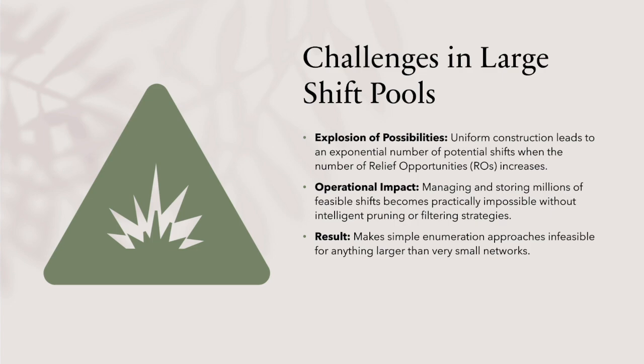This is not just a computational inconvenience, it is an operational barrier. There is no way to generate, store, or evaluate all possible shifts individually. Therefore, smarter methods like selective shift generation or iterative refinement become essential for handling real-world systems.